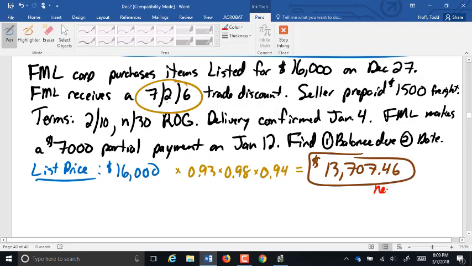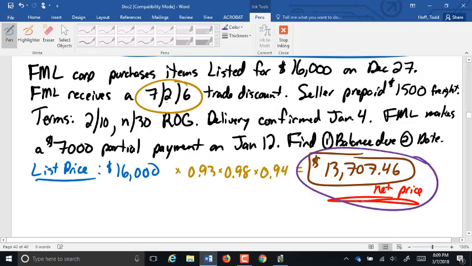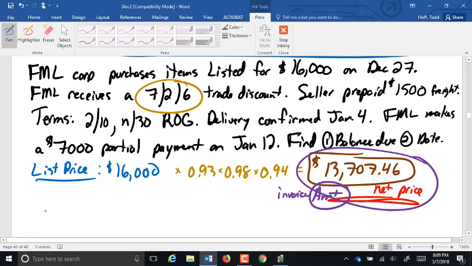Now let's stop right there. How many of you got that much as the net price? Any questions on how we got to the net price? Okay. So that's what goes on the invoice. That's the invoiced amount. Next, let's look at our timeline.